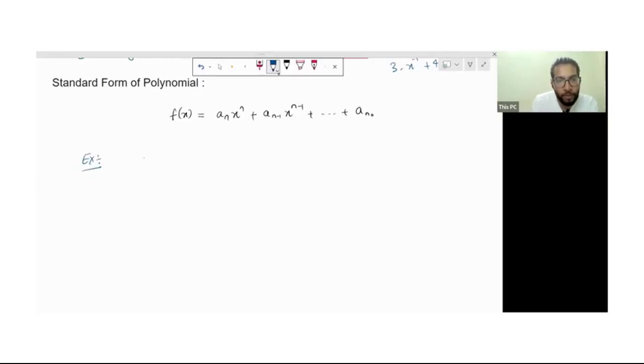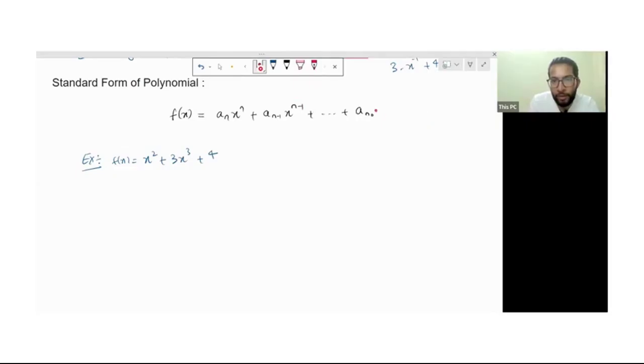Suppose we have any polynomial x square plus 3x cube plus 4, and it is given that it is equal to f(x). So from the standard form which is written there, what we can observe, the variable with highest power comes first, and later on the power keeps decreasing, like here n, which is greater than n minus 1.